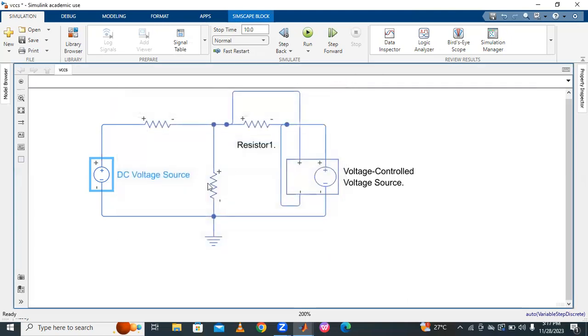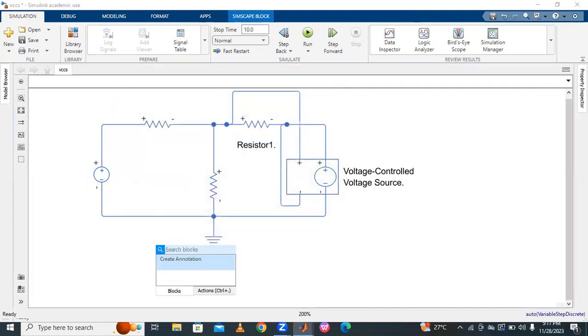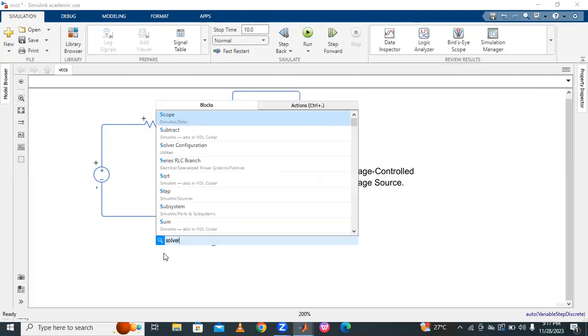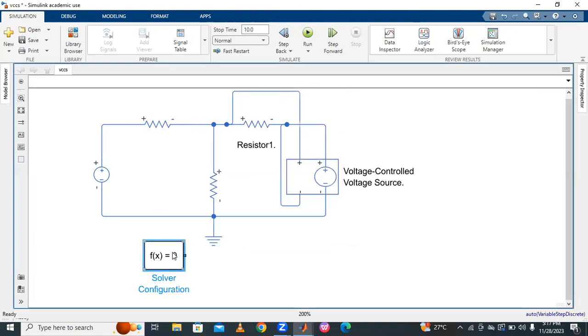Also, just like in Simulink and Power GUI, here one solver configuration is required. Place the solver configuration here, since to run the Simulink model some solver configuration is required.